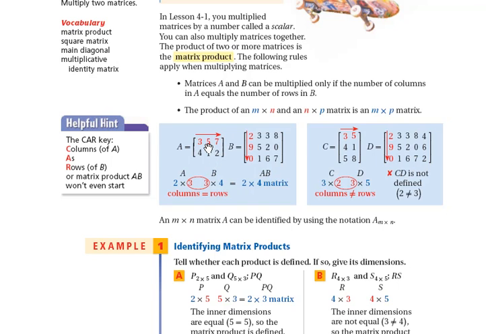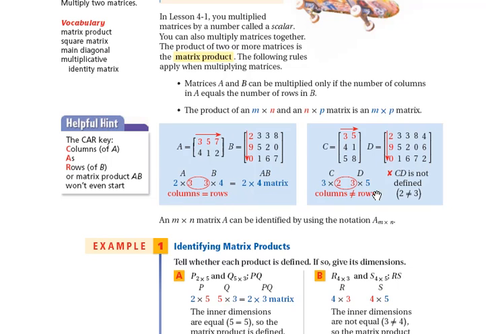So here I have three columns, they go up and down, must be equal to the number of rows in the second matrix. If these two numbers are equal, then you can multiply them, and your answer that you would get out actually comes from these numbers here. The dimensions, it would be a 2 by 4 matrix that you get out.